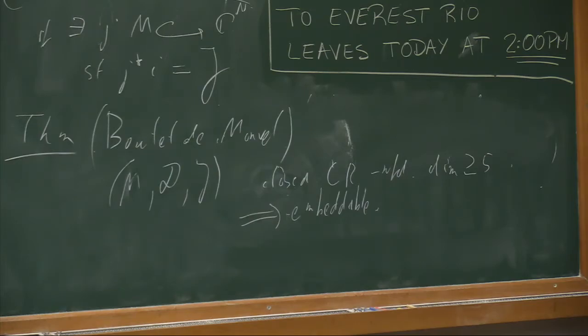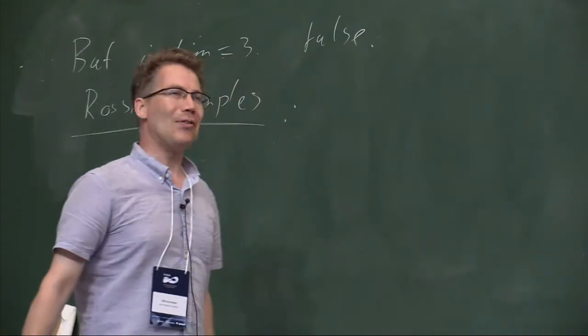Okay, so here's an example where it is kind of funny. But in dimension 3, it's false. So what's the problem? I will just give an example. They're known as the Rossi examples. And I will describe it in a somewhat contact geometric way.